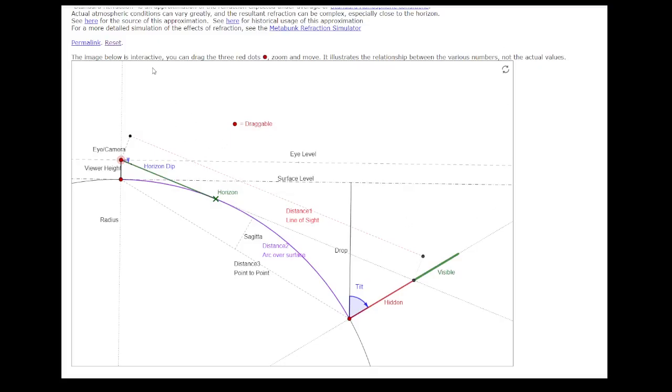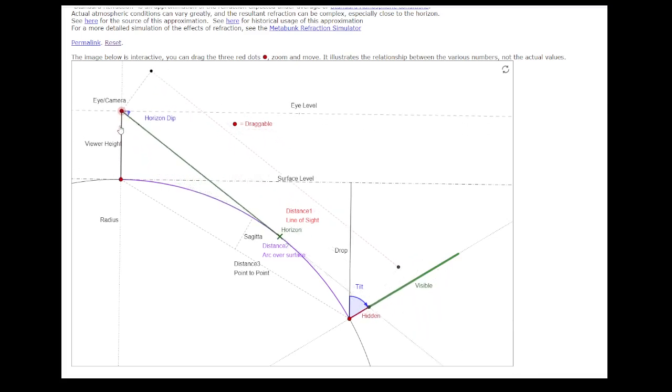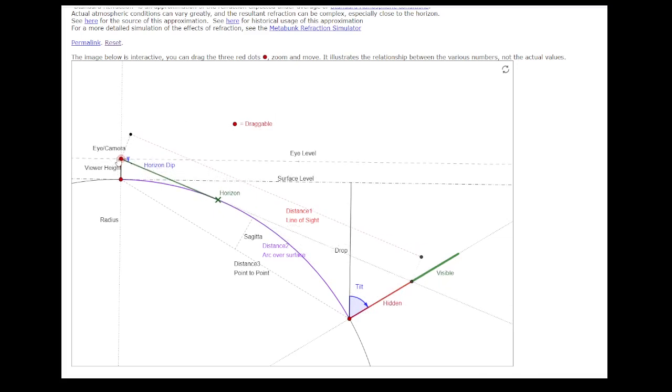So here's the curvature calculator that he was referring to. And here we have the eye, camera, and the viewer height. So you can adjust that on this calculator, up and down. And you can see here that we have eye level. So in this sense, the word eye level is basically meant to refer to the viewer height.